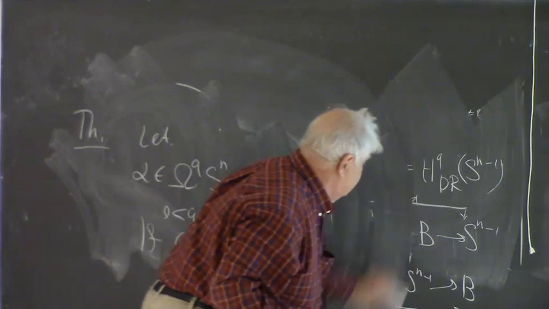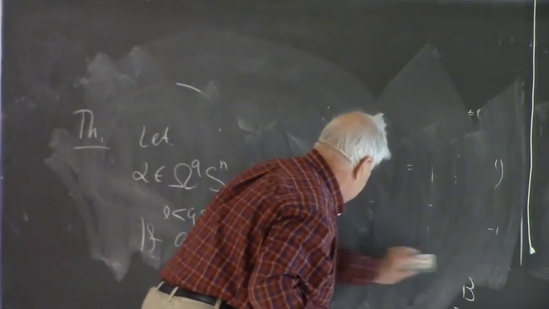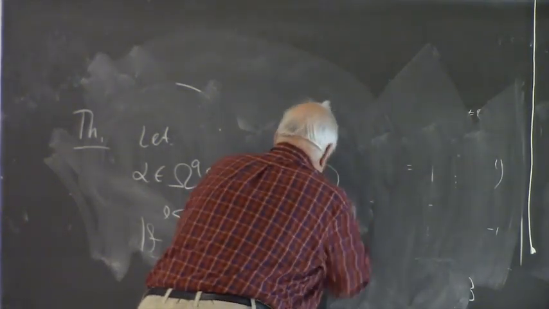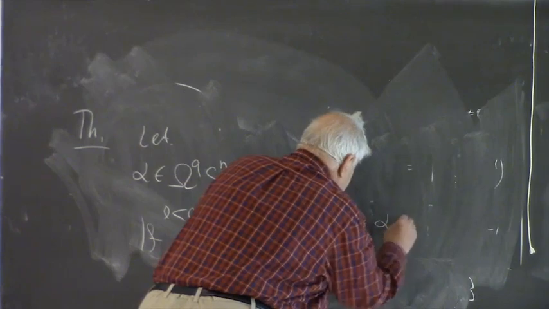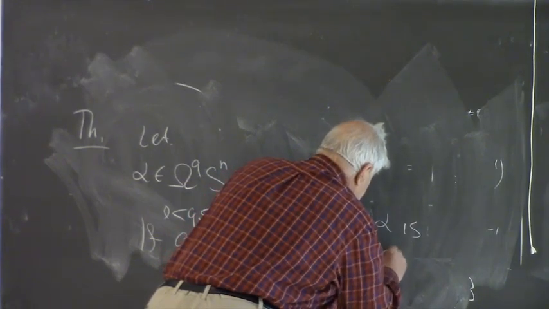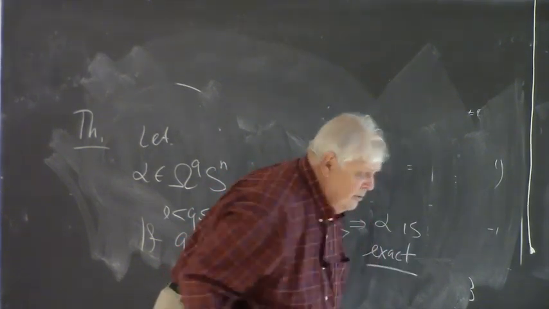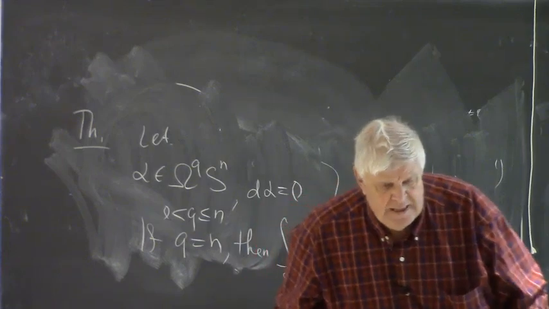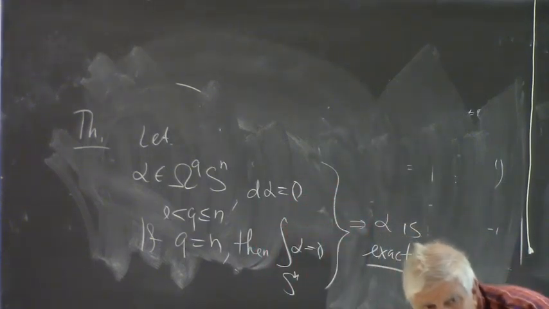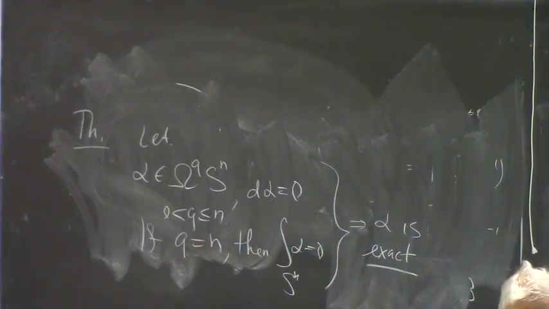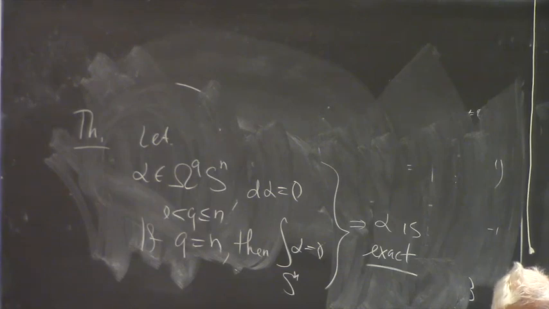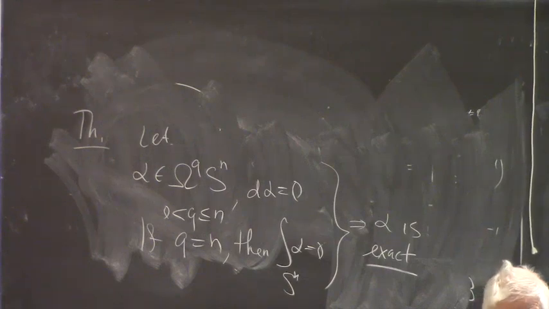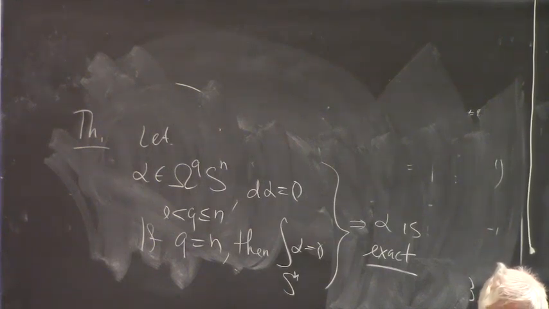Here I have all the assumptions of the theorem. And this should imply that alpha is exact. So a closed form of a positive degree, which additionally has 0 integral over S^n if its degree is equal to n, is exact. And this is precisely my theorem, which I'm going to prove now.